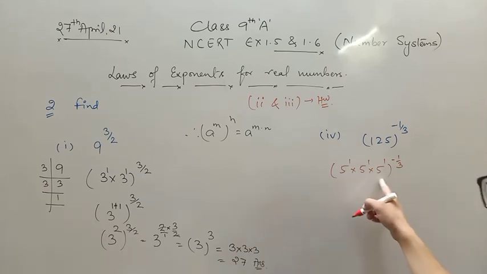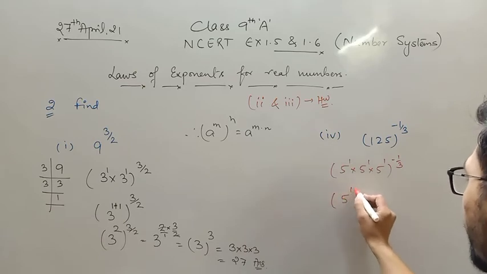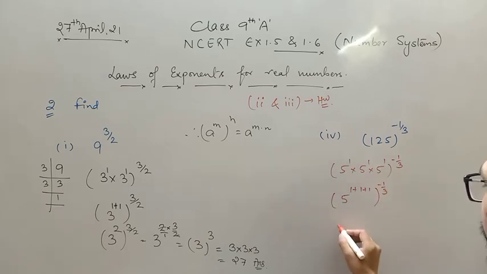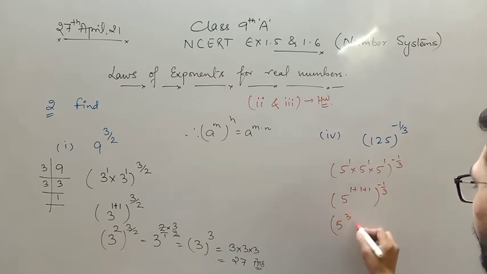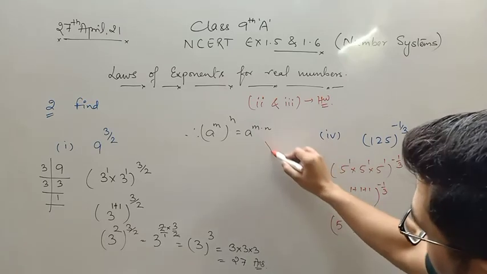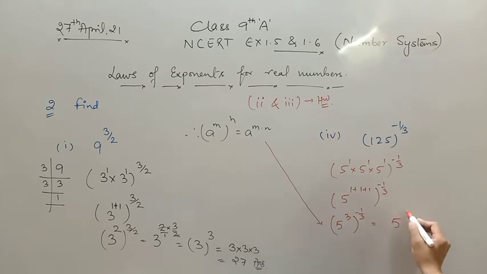Now bases are same, so the powers get added up. 5 ki power 1 plus 1 plus 1, that is 3, and the whole power is minus 1 upon 3. So 5 ki power 3 and the whole power is minus 1 upon 3. Again I can use this property, 5 ki power 3 into minus 1 upon 3.